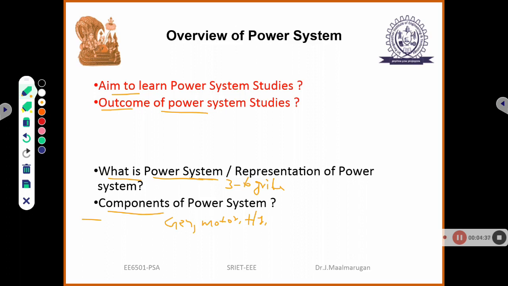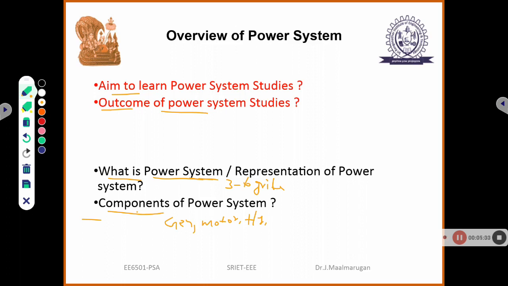Every electrical component is a component of power system. Here we deal with high power applications, not low power applications. Low power applications belong to power electronics, while high power applications belong to power system. So the components are generator, motor, transformer, distribution transformer, power transformer, heating coils, lights, loads, etc. These are the components of power system. Are you clear?